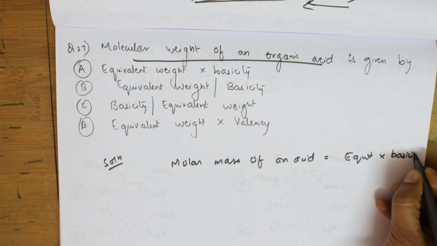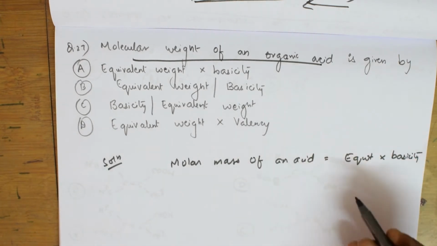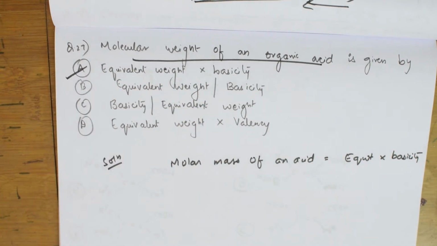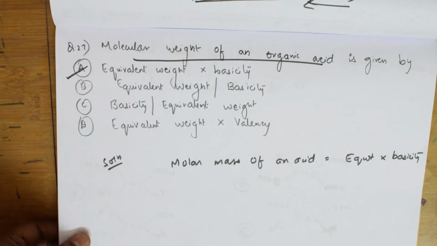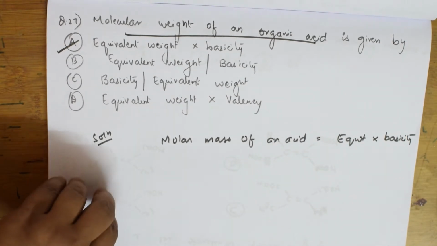This is a direct formula which you can use. So I have given the answer. Let us come back and mark the first option directly. There is no twist in the question. So molar mass of an acid, a direct question. I have marked that and used this. Right, students? Now let's come back and see the next question.